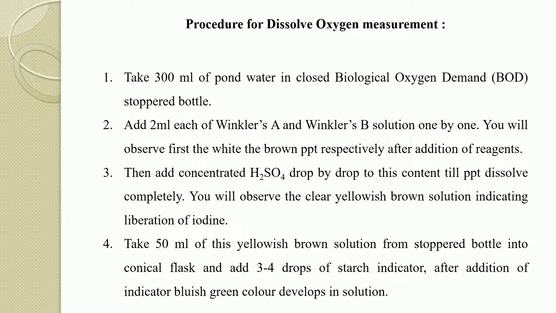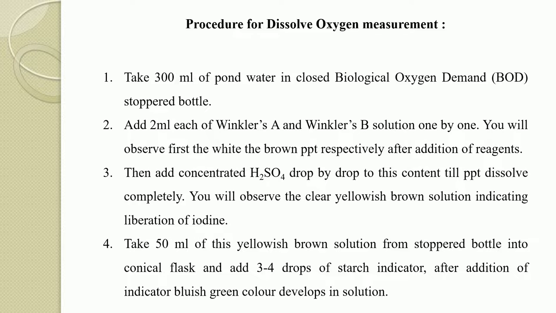Now from that solution you have to take exactly 50 ml of this yellowish brown solution with the help of a measuring cylinder from the stoppered bottle into a conical flask. Into that 50 ml solution you have to add 3 to 4 drops of the starch indicator, and after addition you will get a bluish green color, or you may observe only the yellowish color solution.